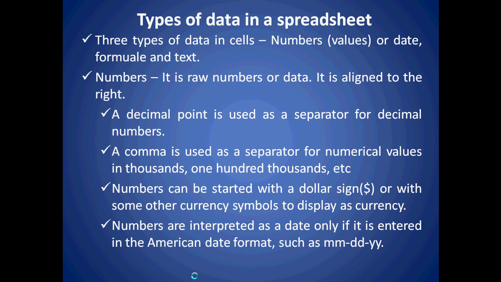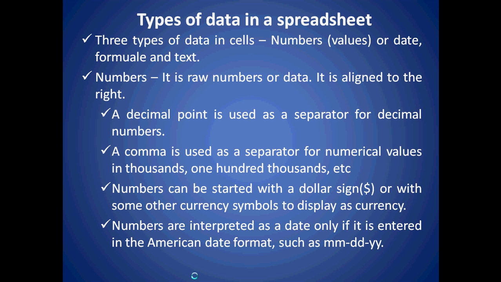Okay, the next thing is numbers. Numbers are aligned to the right. When you type a number, it will always show on the right side. In a number we can also use a decimal point and thousand separators. A decimal point is used as a separator for decimal numbers.